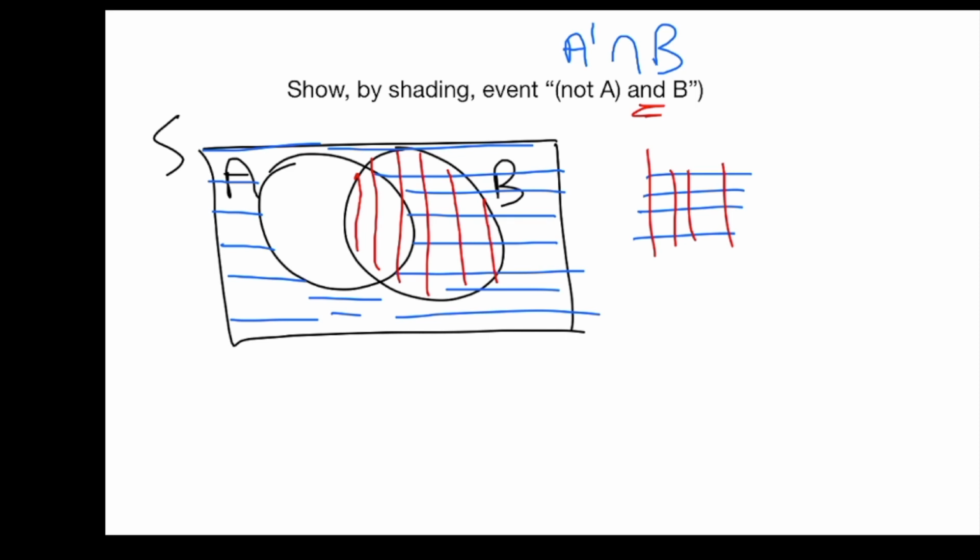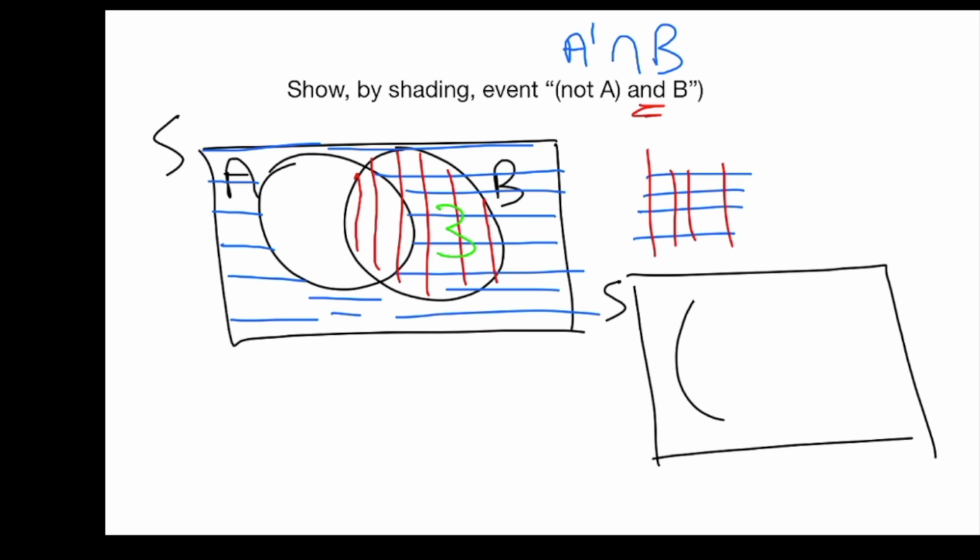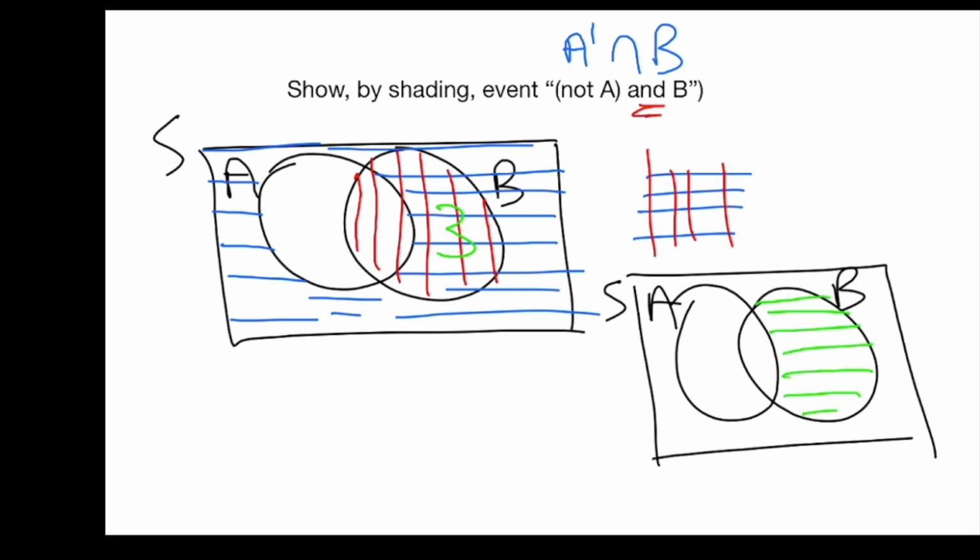You will notice the region we are looking for. Let me call it number 3 there. So let's draw it clearly here. So the answer that we are looking for should be that thing inside B, but obviously not in the intersection of B and A.